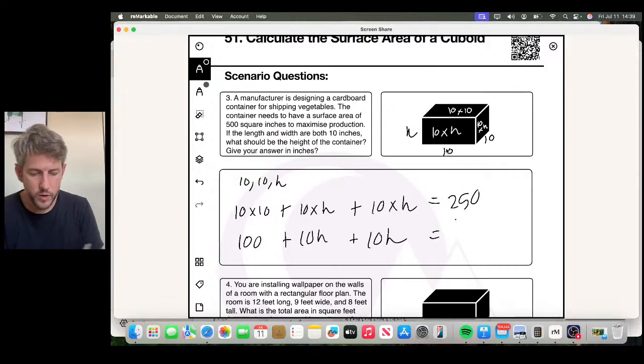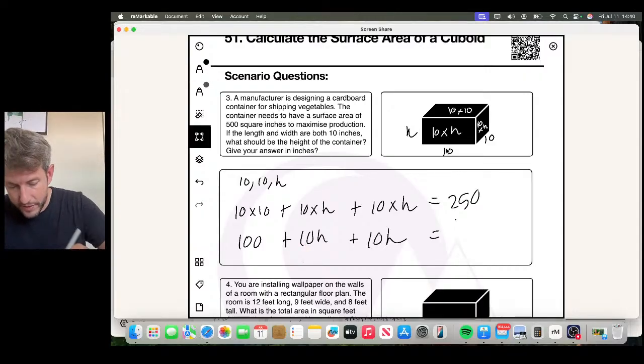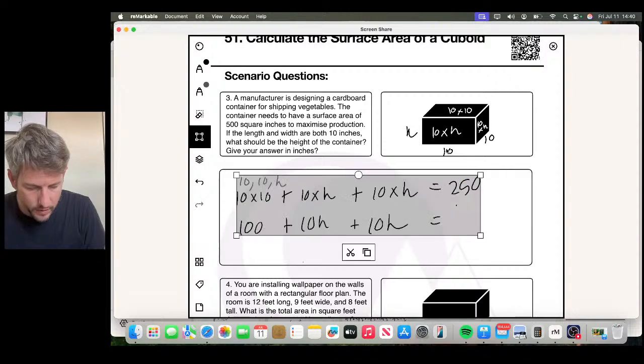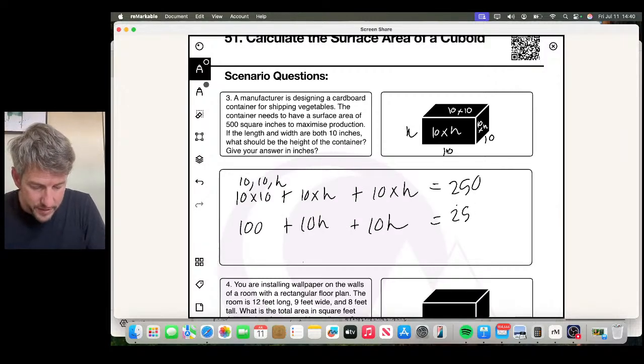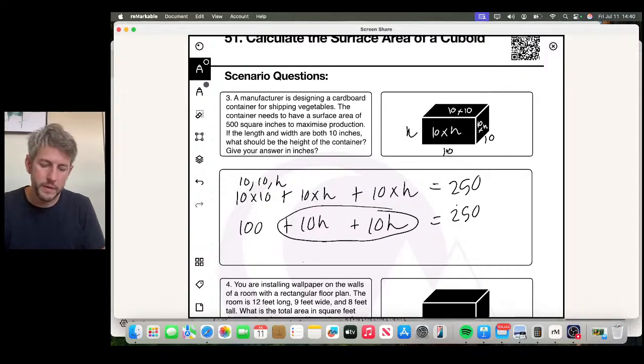Okay, so what we've got here is 20 times the height, because if we've got 10 times the height and 10 times the height, that does make 20 times the height. Oh, I've run out of space. Okay, so that's 250. Now, if we think about it like this, 100 plus this bit here equals 250.